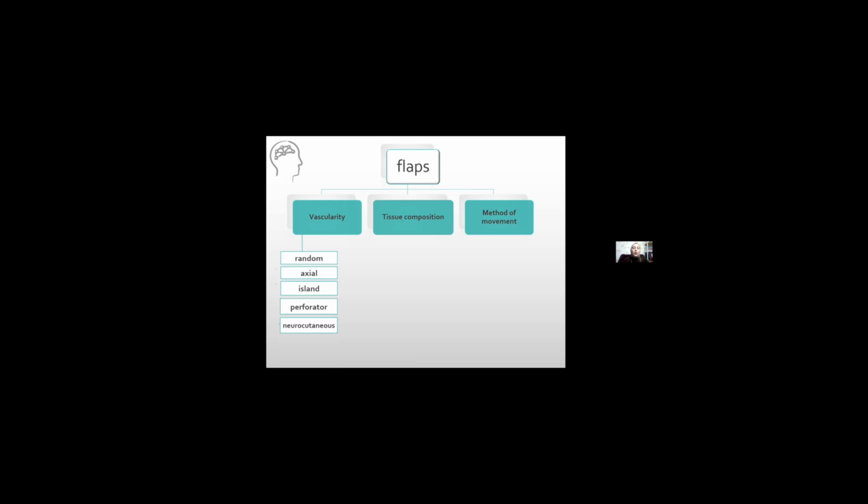Tissue composition also has four important flap types: the fascial and fasciocutaneous flap, muscle and myocutaneous flap, visceral flap, and composite flaps. While the method of movement is divided into three types of flaps. The first one is the local flap, which is divided into advancement flap, rotation flap, and transposition flap. The second type is the regional flap, and the last one is the free flap.